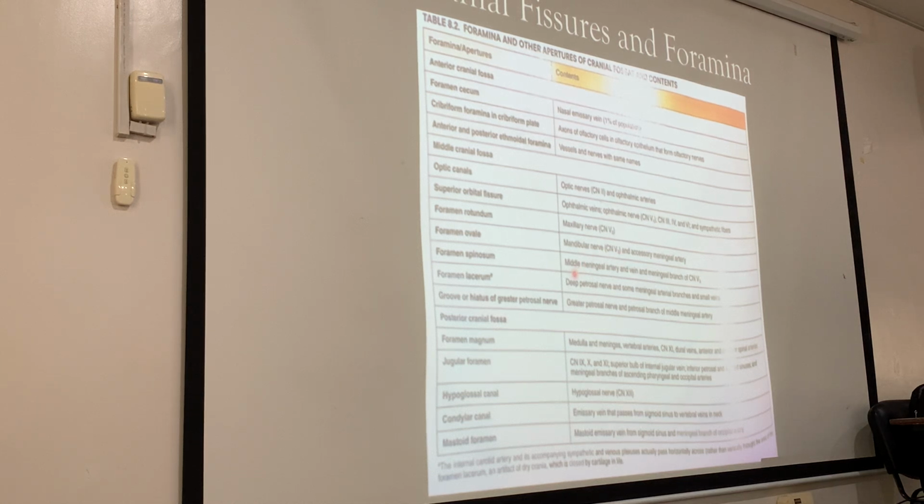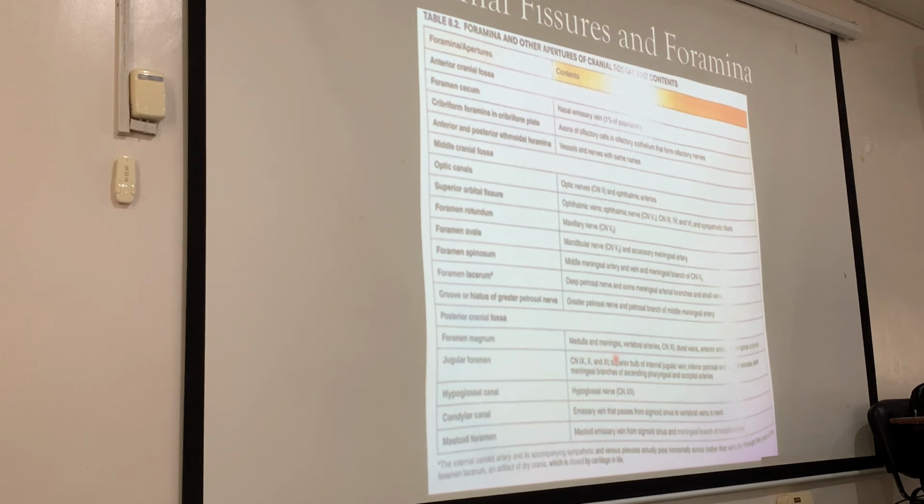And then another foramen is foramen spinosum. It transmits the middle meningeal artery, which is the blood supply of the dura mater of the brain. And then other foramina of note, the foramen magnum, again, this will allow the medulla to go out and become the spinal cord.